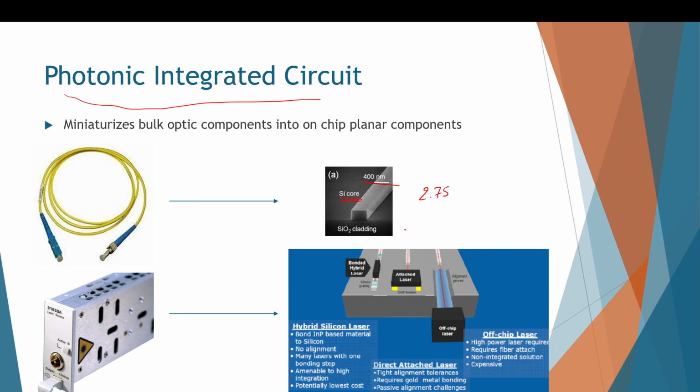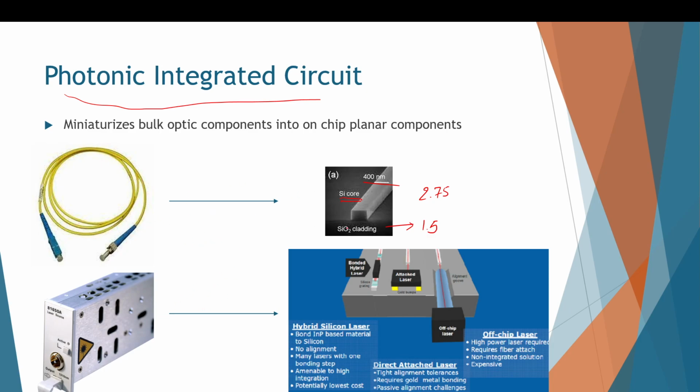And the SiO2 cladding will have a refractive index of around 1.5. So the contrast will be higher because we need a stronger confinement. And that is the waveguide.